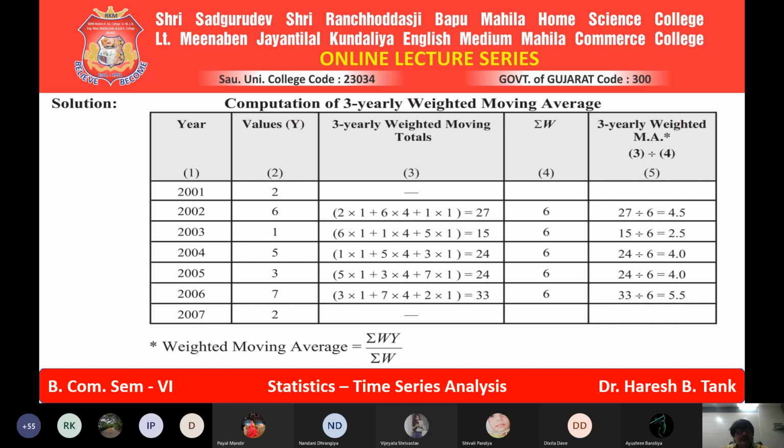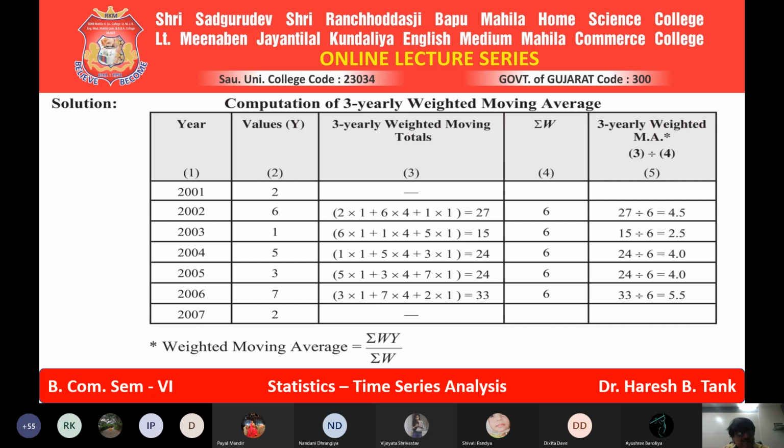So it is 2 multiplied by 1 plus 6 multiplied by 4 plus 1 multiplied by 1. The total becomes 27. Are you getting this 27? Yes, sir. Okay.